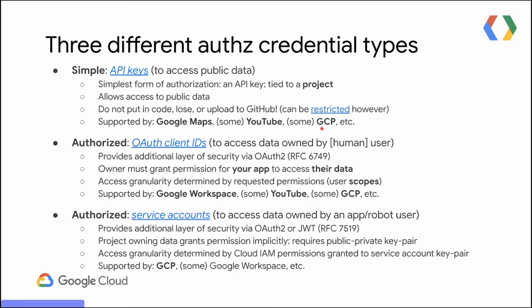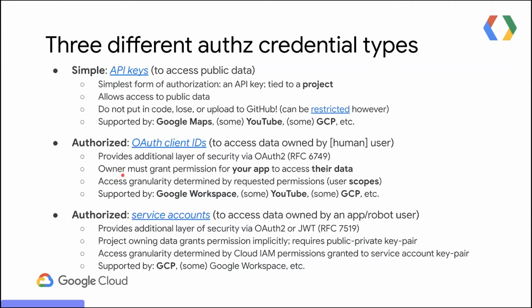For example, sending a string of text to the natural language API. That text is not really necessarily data owned by a user. It's just a simple sentence, regardless of what your language is. So those are examples of accessing public data, and for public data, you only need API keys.